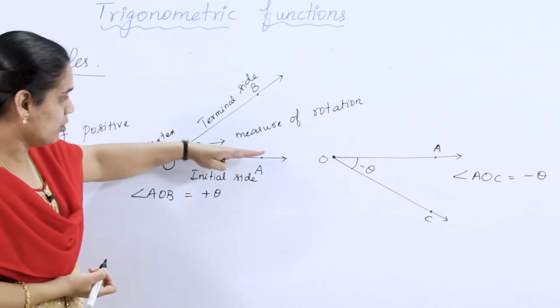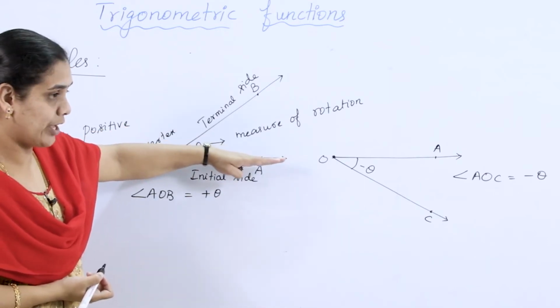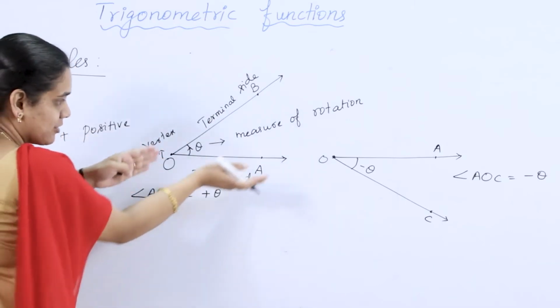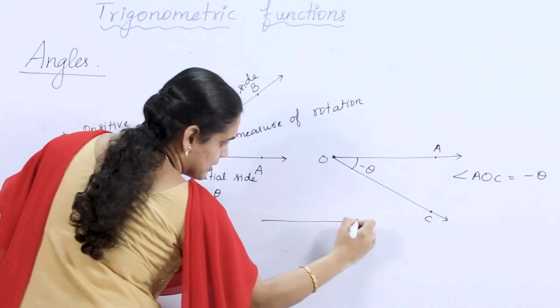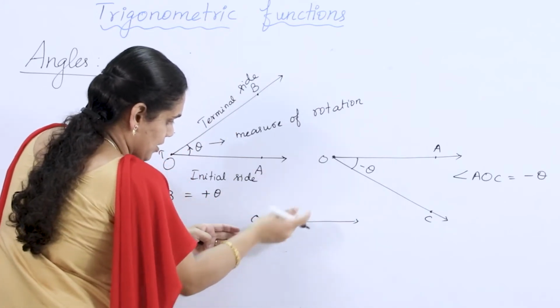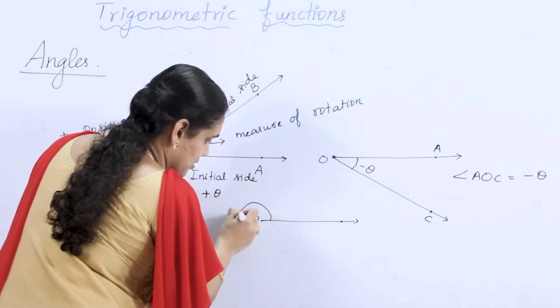Alright. Now, we rotate this ray. We start from OA and we go one complete rotation and we come back to its original position. We start from here and rotate this ray, go around and come back to its same place.